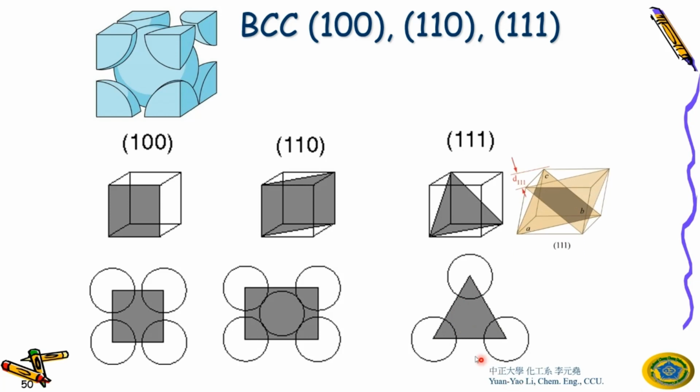Why? You might say, well, Professor, why didn't you include this sphere here? Because the center of this sphere is not in this plane, so we don't count it. The important thing is, the center of this sphere is not in this plane, so we don't draw a sphere here.